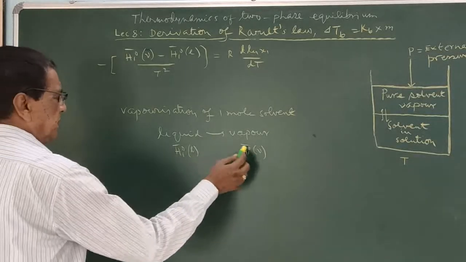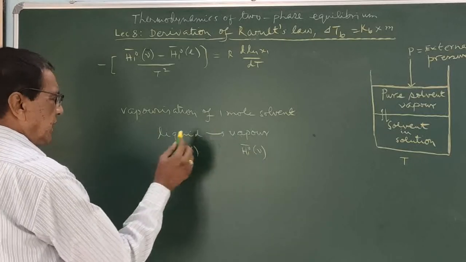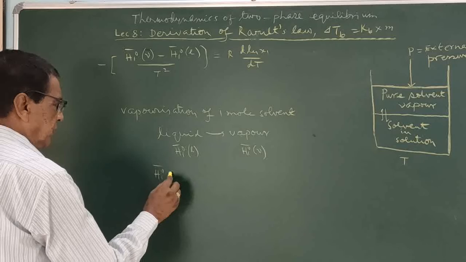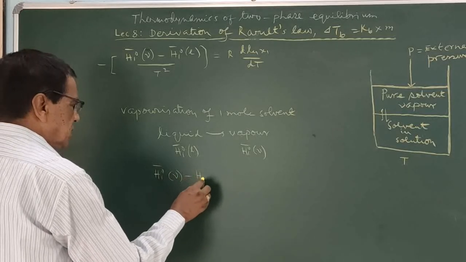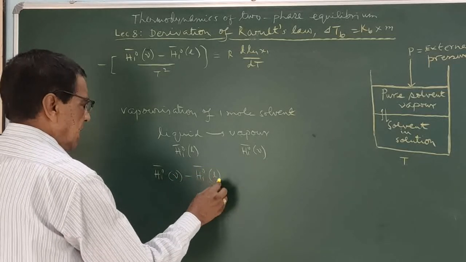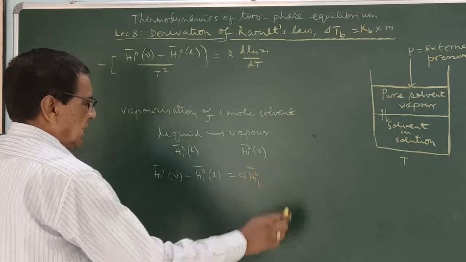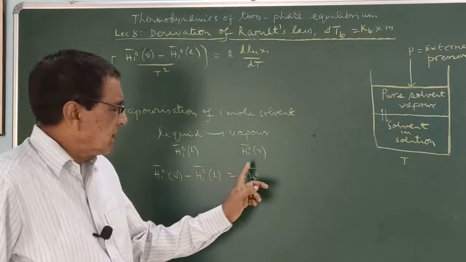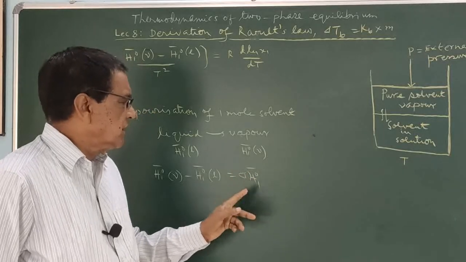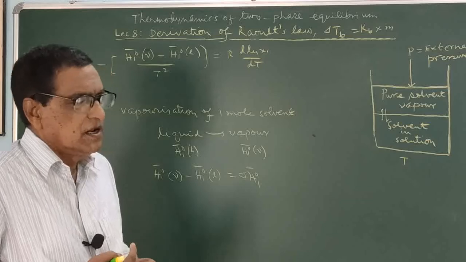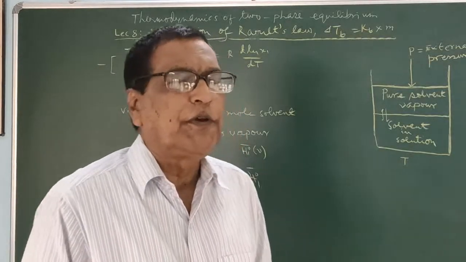So final minus initial gives H1 naught V minus H1 naught L, and this will be equal to delta H1 naught bar. This is the molar enthalpy change for the solvent from liquid to vapor.